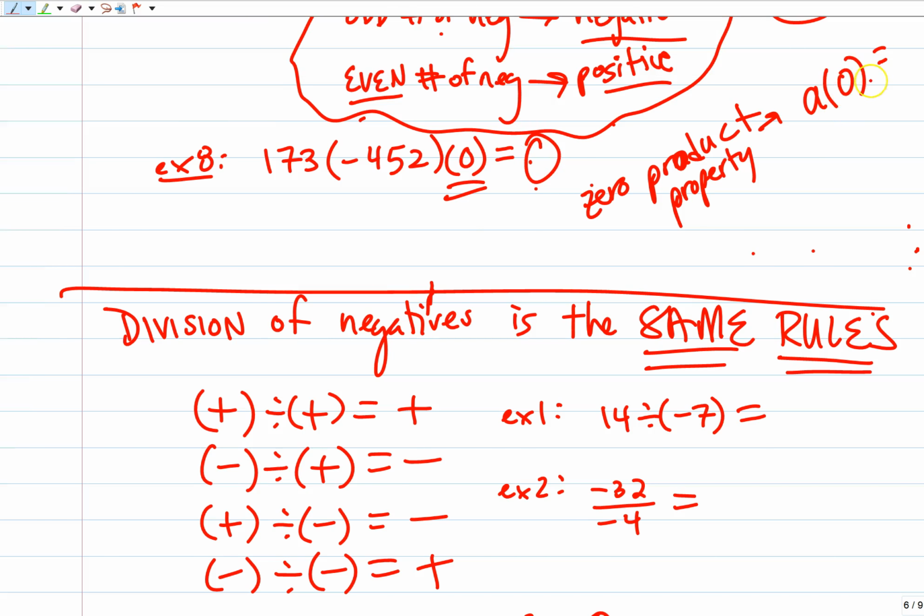Basically says anything times 0 equals 0. 5 times 0, 8 times 0, -53 times 0 is still 0. A stands for any number; times 0 gives us 0. So I can have all this mess, but the minute I multiply it by 0, done.